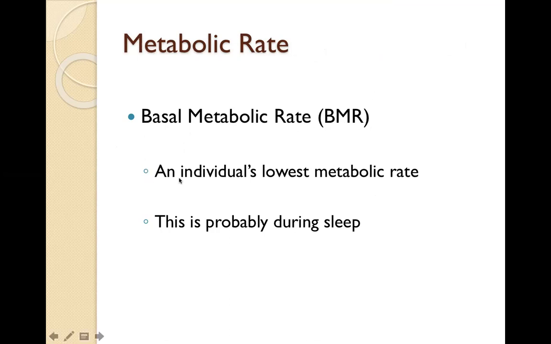BMR is an individual's absolute lowest metabolic rate possible. This is probably closest during the time when somebody is sleeping. You're expending very little energy. The processes in your body are at the bare minimum. And so that would be your basal metabolic rate.